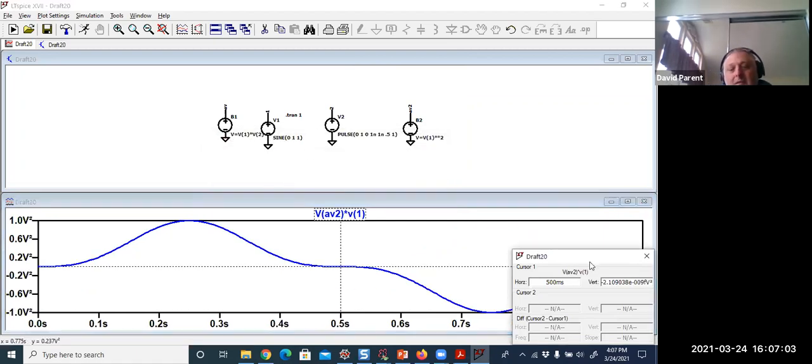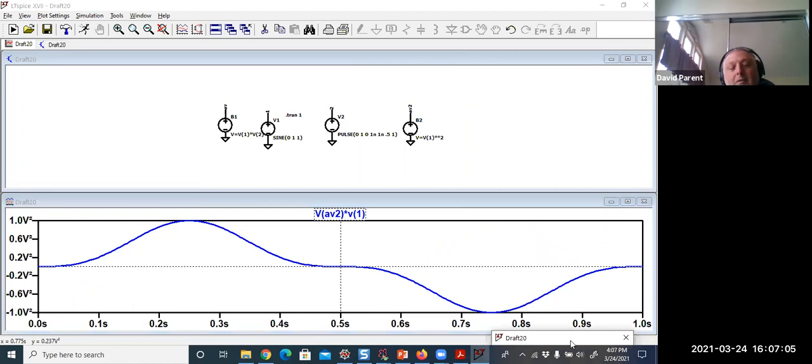So this is the B1 constant. If I take the period of the new signal to be a half, it looks like I'm getting a Bn of 1 that's positive.